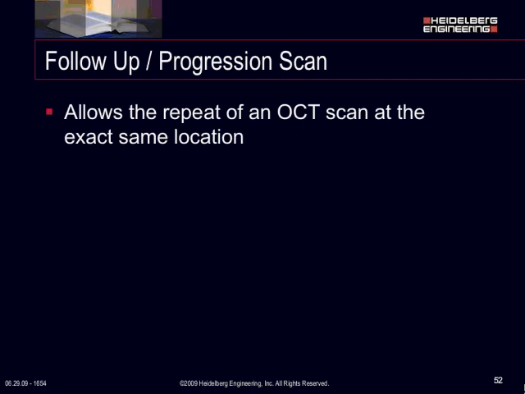So now that we have all of these different imaging modalities, okay, following up with the patient. Patients, when they come back a month, 2 months, 6 months, a year later, how do we really go about doing the follow-up? The follow-up allows us to repeat that OCT scan, whether it's a single line, whether it's a star pattern, or whether it's a volume scan in that exact same location.